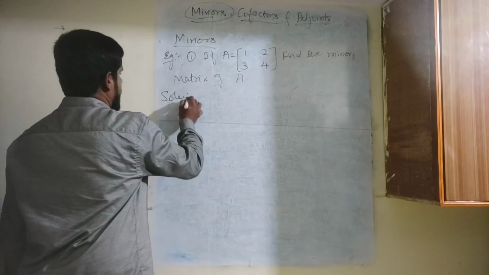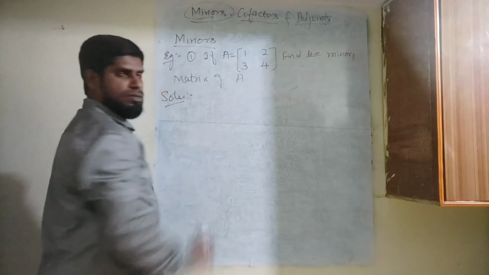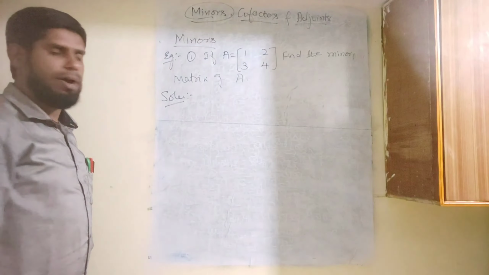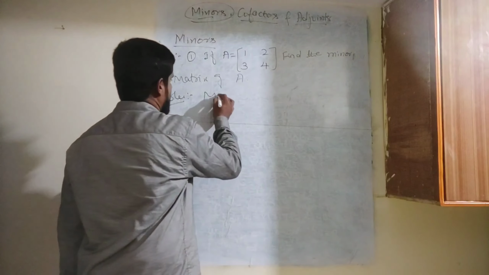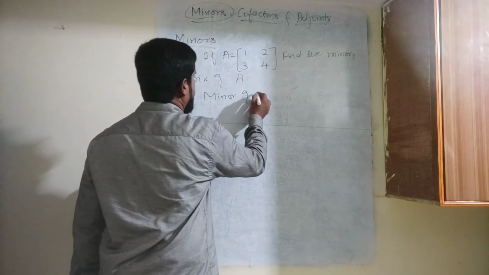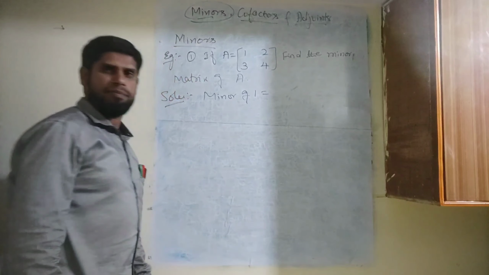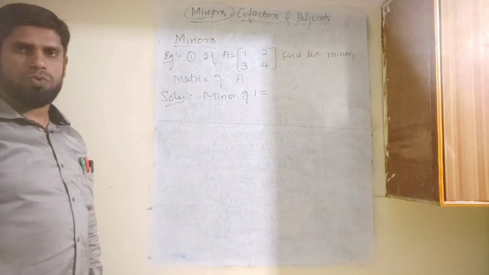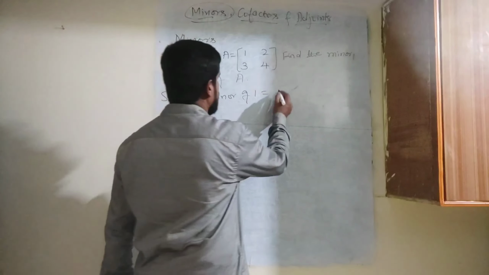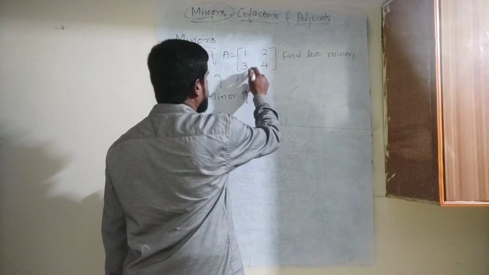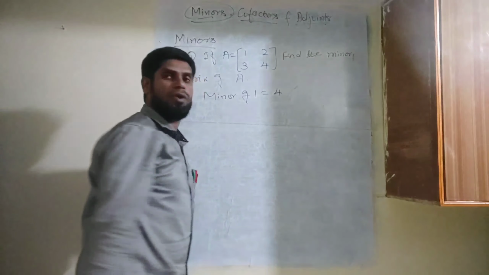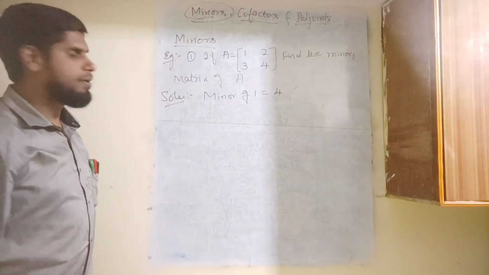Solution. Since there are 4 elements here, we should find 4 minors. Minor of 1 is equal to: eliminate first row and first column and get 4 as the minor of 1.